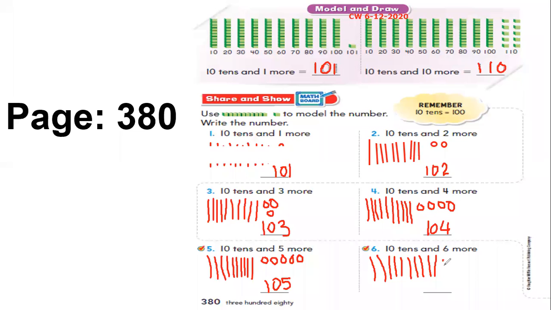So 1, 2, 3, 4, 5, 6. So 10 groups of 10 make 100 and 6. So that becomes 106. Very good, girls. Those who have given the answer, very good. Excellent.